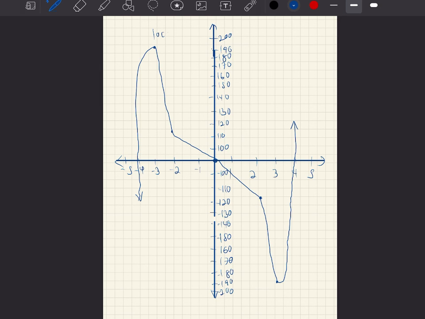So here local max, inflection point, local min, and here will be the x and y intercepts that we got. So it's just a rough idea of how the graph will be. Thank you.